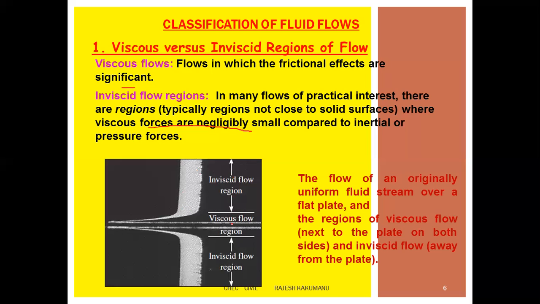When coming to the viscous flow region, the liquid is easily moving, right? Next, this is the inviscid flow region, from here to here, and here to here. But in the gap between the two inviscid regions, the flow is happening slowly. This one also takes place slowly.